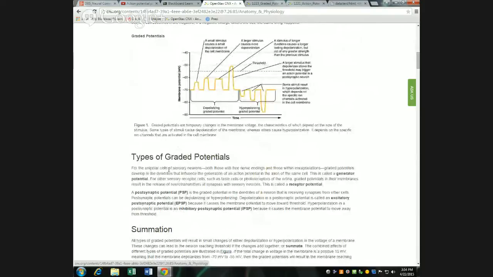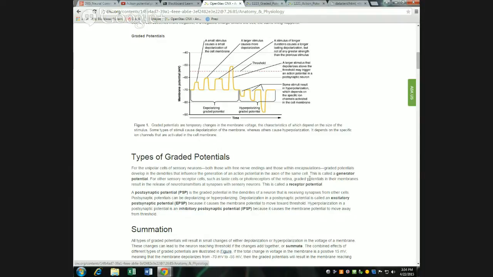It talks about a few different types of graded potentials: generator potentials, receptor potentials, and postsynaptic potentials. Generator potentials and receptor potentials are found where the nerve endings, the dendrites, are interacting with some other stimulus.